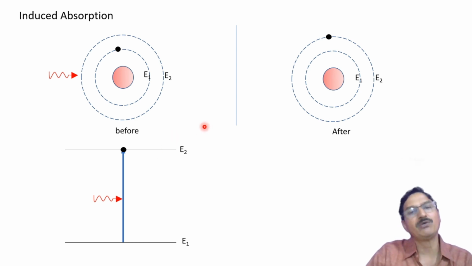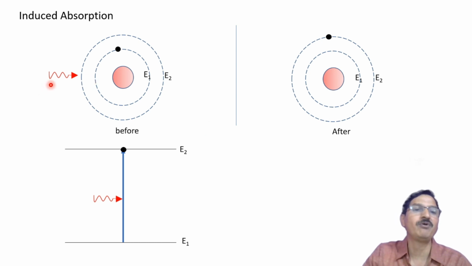This absorption is with the help of this photon. So this is induced absorption. We need an external photon with the energy hν equal to E2 minus E1. This absorption does not take place automatically. It requires an external photon, so it is called induced. Induced means with the help of an external photon. This is the first phenomenon in laser action.